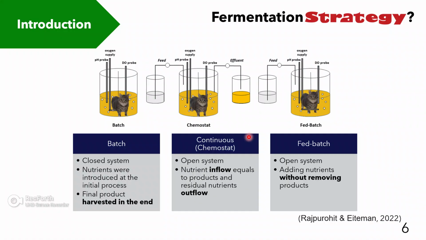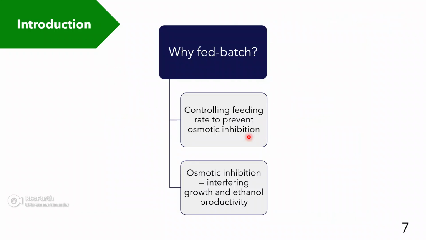The second one is the continuous or chemostat strategy, which is considered an open system because the nutrient inflow equals the product and residual nutrient outflow. The third one is the fed batch system, which is also an open system, but nutrients are added without removing the products.